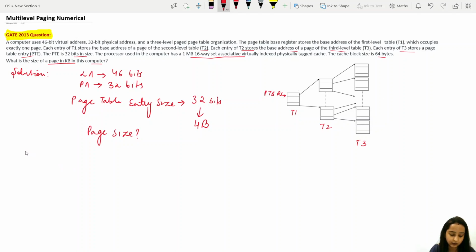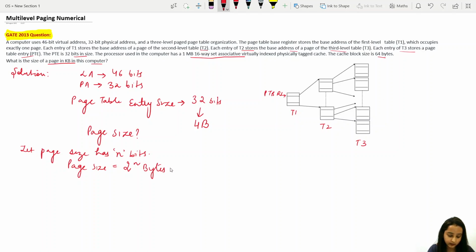Let me calculate here. Let the page size have n bits, so the page size equals 2 raised to power n bytes.